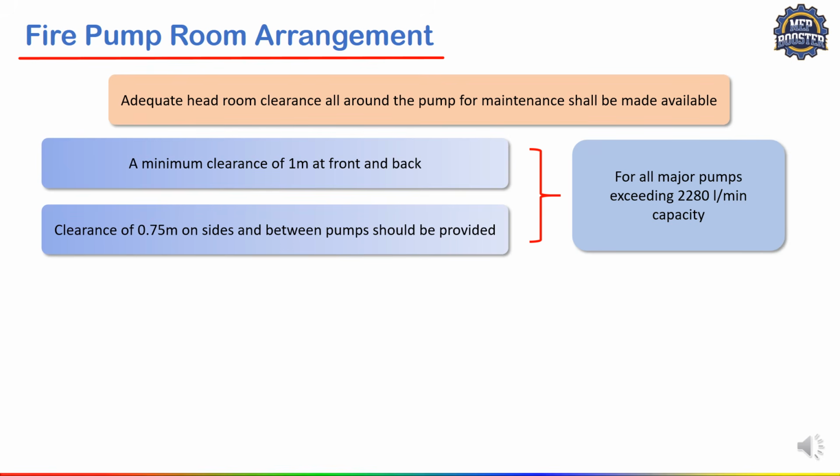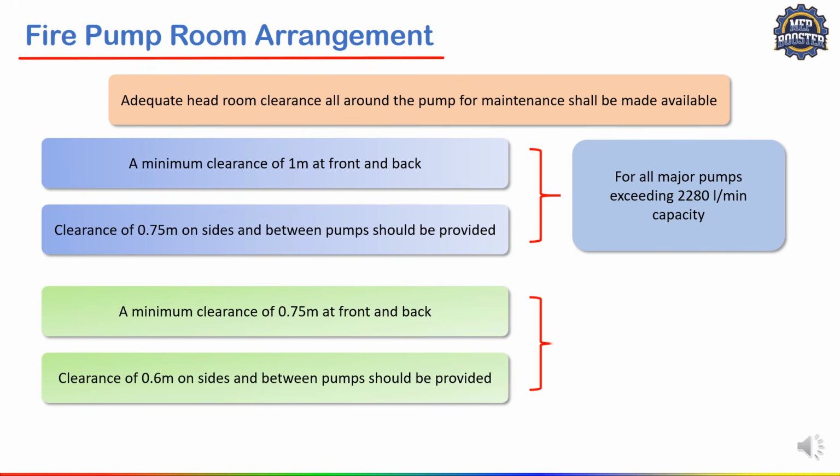But this is for what? This is the first condition. For all major pumps exceeding 2280 liters per minute capacity, the minimum clearance which you have to maintain from front and back is 1 meter, and on the side and between the pumps, how much clearance? 0.75 meter. Okay.